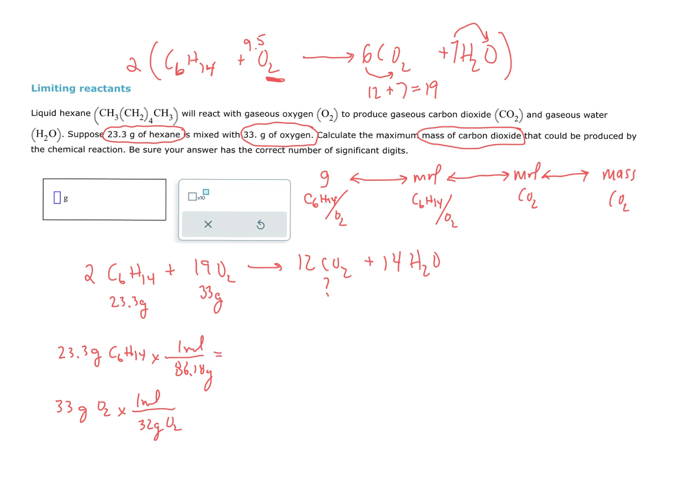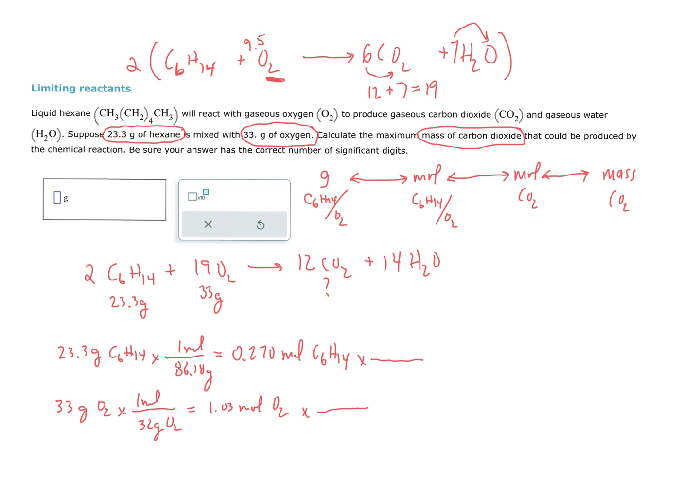All right, so we've got about 0.27 moles of hexane and 1.03 moles of oxygen. We can't compare the numbers there. We need to get them both to carbon dioxide.